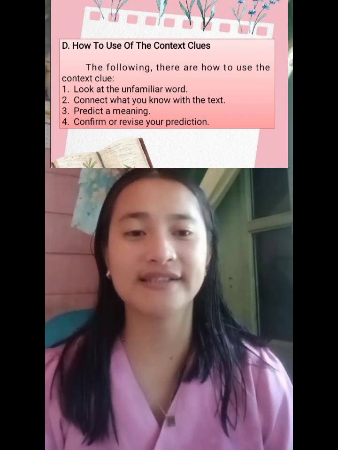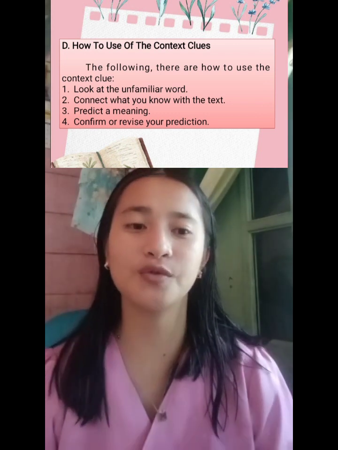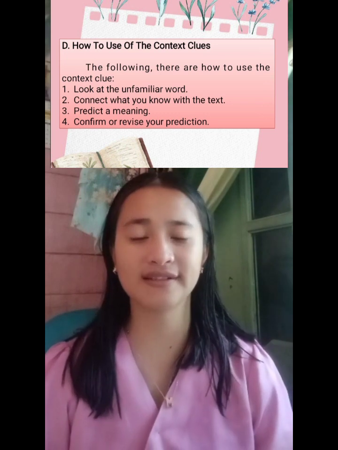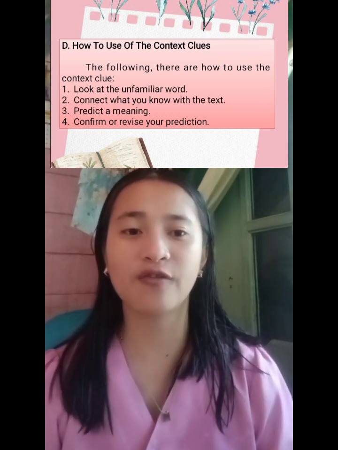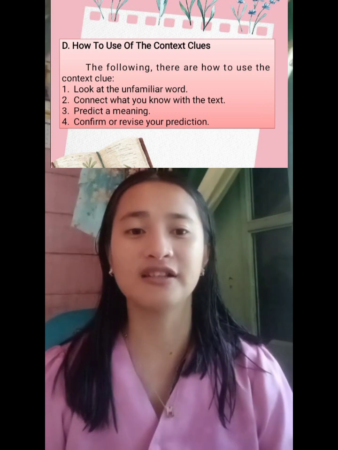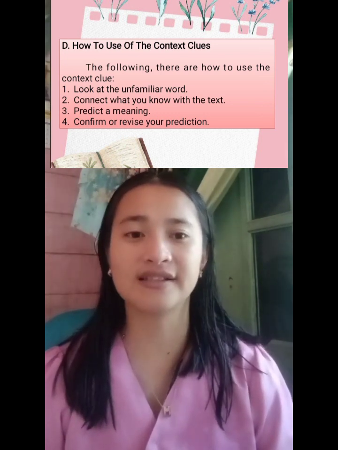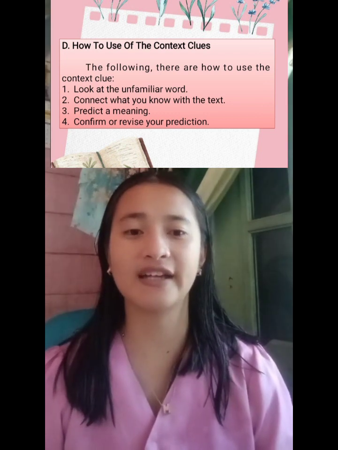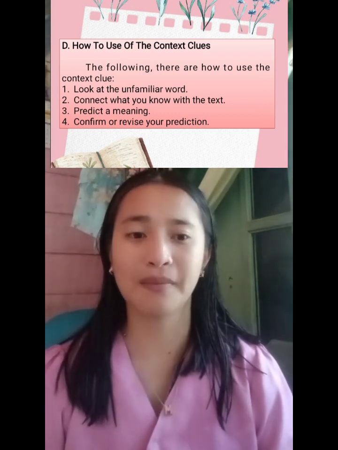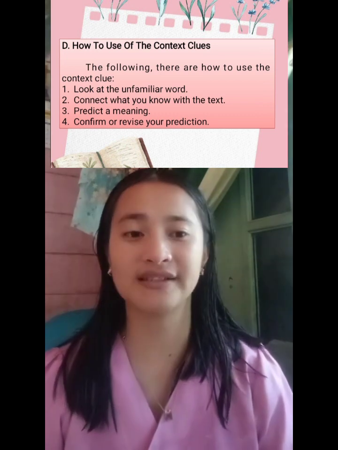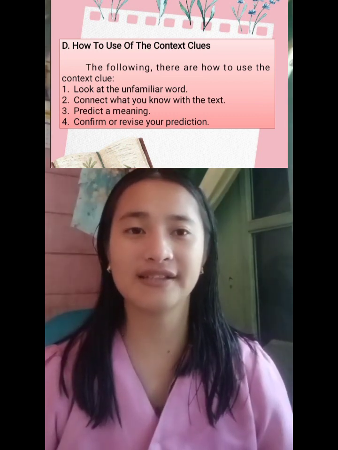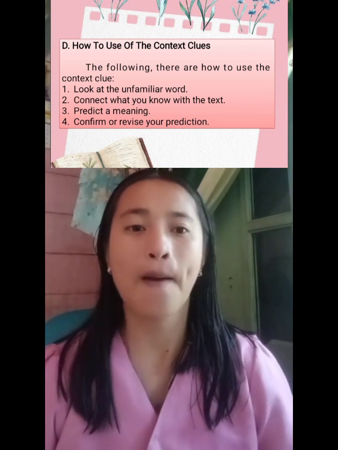The second is connect what you know with the text. Important information contained in the reading text is an element that builds the text and can be found in the main idea or main sentence in each paragraph. The third is predict meaning.